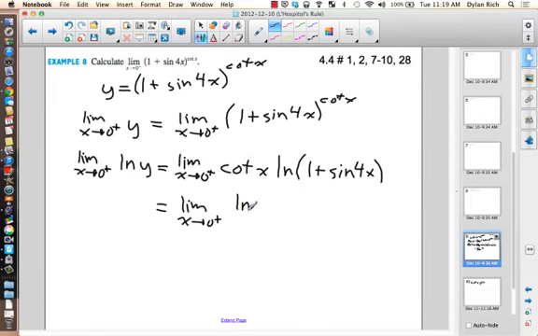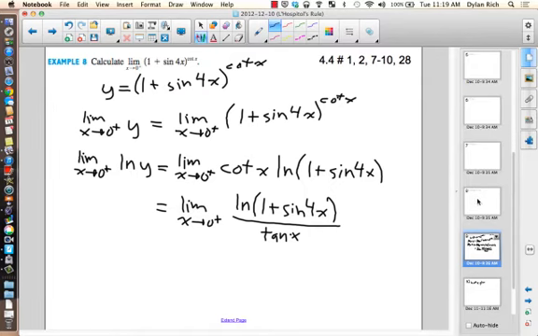So we can do the natural log of 1 plus sine of 4x over tangent of x. We just did the reciprocal of cotangent of x, right? Tangent of 0 is just 0, like we did on the previous problem, remember?